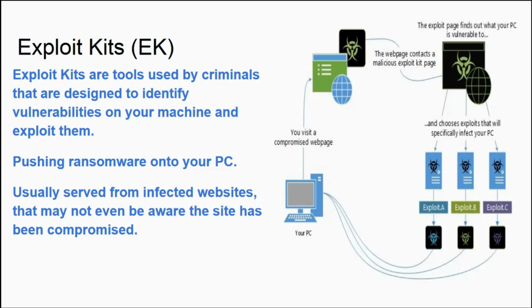Usually, exploit kits are hosted on servers that are infected. These would normally be websites accessible to the public on the web. The owner of the website typically doesn't even know that the site has been compromised and is party to serving ransomware to users.